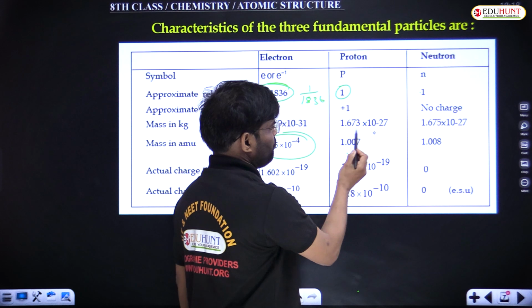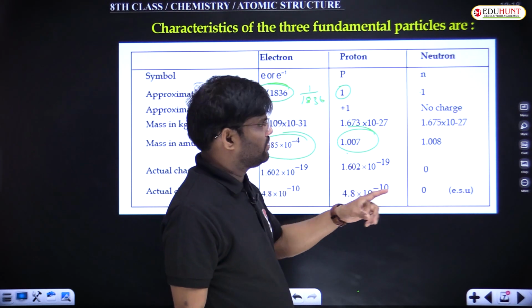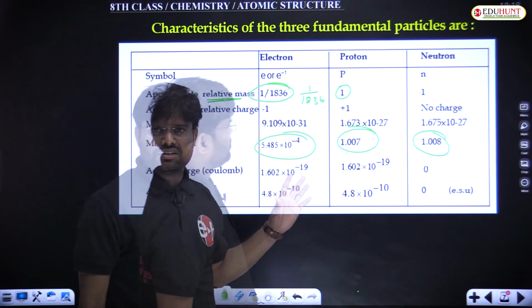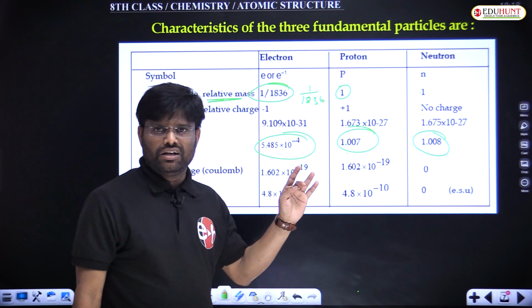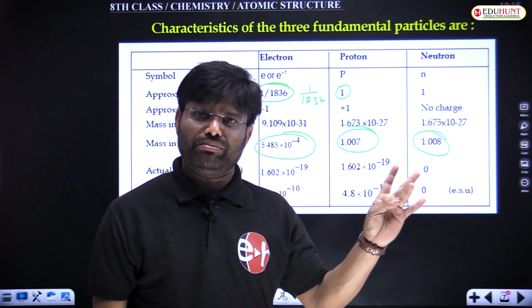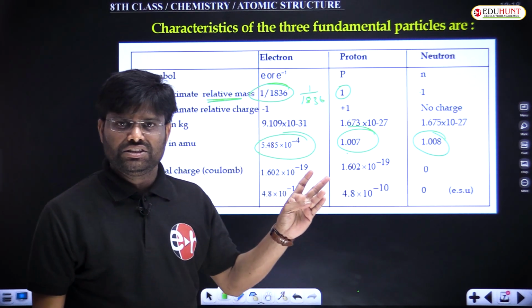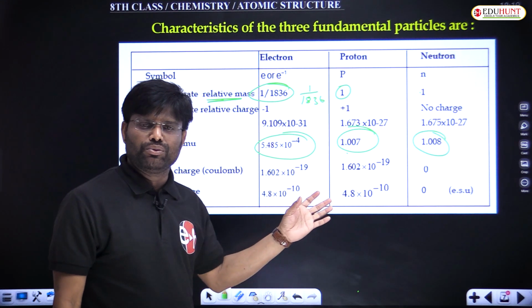This is already given: 1.007, that is almost equal to 1. This is 1, this is 1.008 given. This is about the fundamental particles, electron, proton, neutron. Explained symbols. Relative mass means mass, that is in kilograms, grams, AMU.